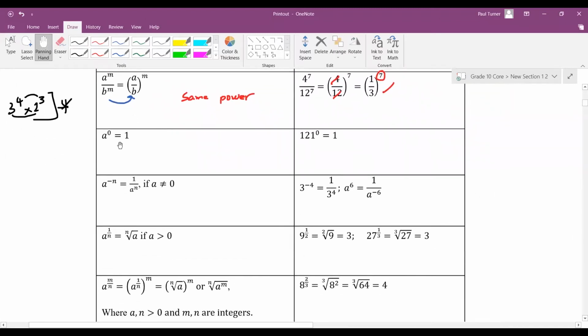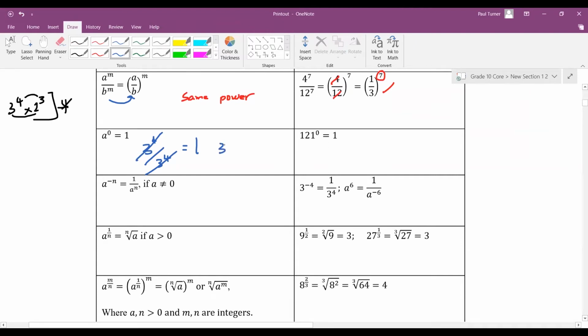Now, anything to power 0 is 1. So you can check that on your calculator. Let's think about why that's true. If you've got 3^4 divided by 3^4, you're going to get 1, aren't you? Because that would just simply cancel out. 3^4 on 3^4 is 1, isn't it?